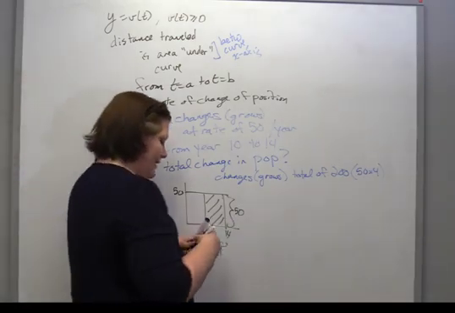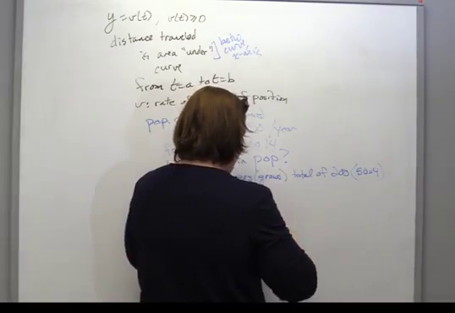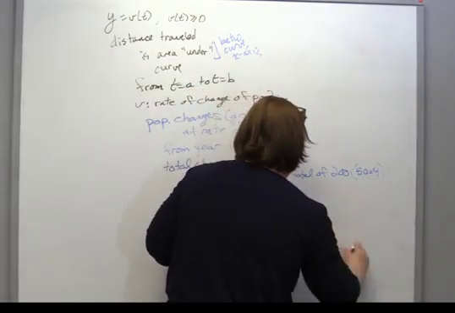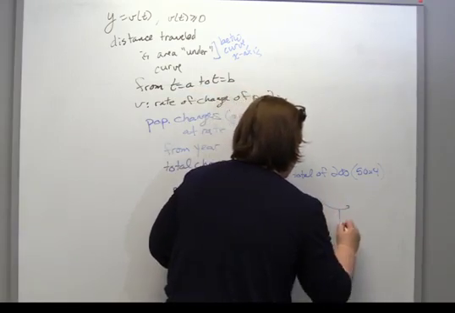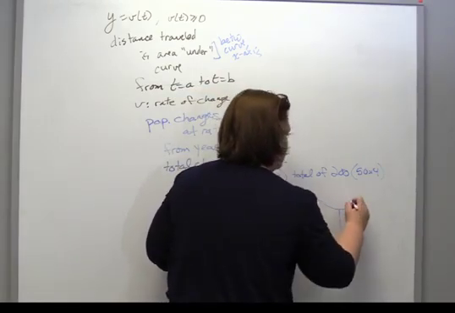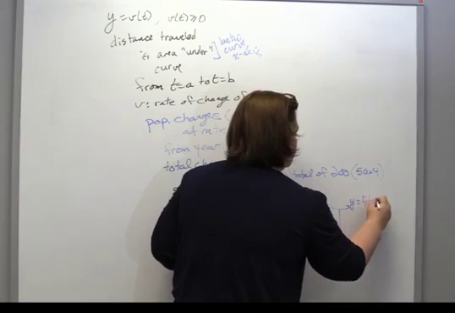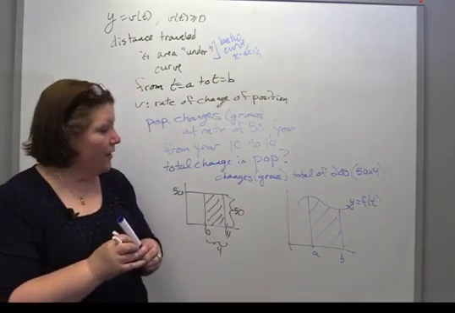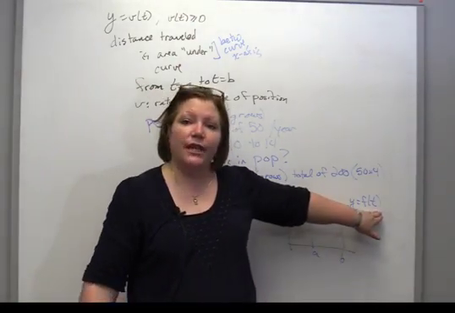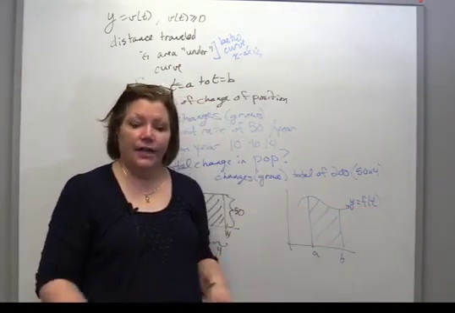And when we're not constant, we have the same idea. If our curve is some sort of rate of change, we want to be looking at area under the curve.